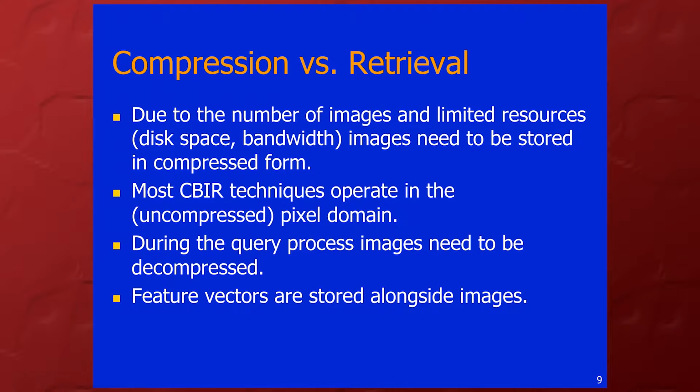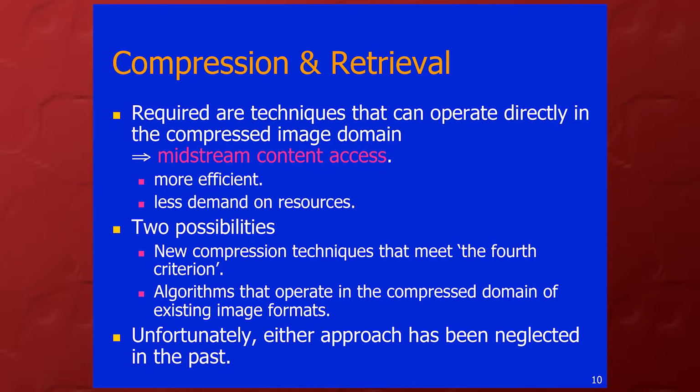So that's not ideal, and therefore what we would rather like is something that is called midstream content access. That means that we want to perform that processing, be it image retrieval, be it something else, directly in the compressed domain of the images, without the need of decompressing them.